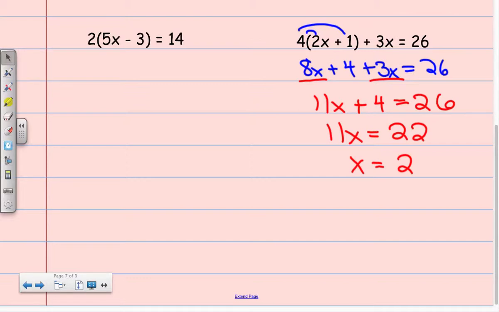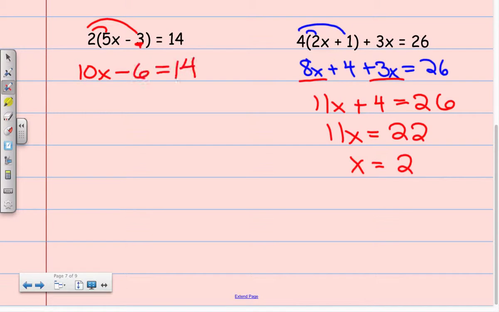Alrighty, so step 1 is what, class? Let's distribute. Make sure you distribute to both terms, because sometimes people forget about the poor little second guy inside the parentheses and just leave it. Don't do that. So I get 10x minus 6 is equal to 14.